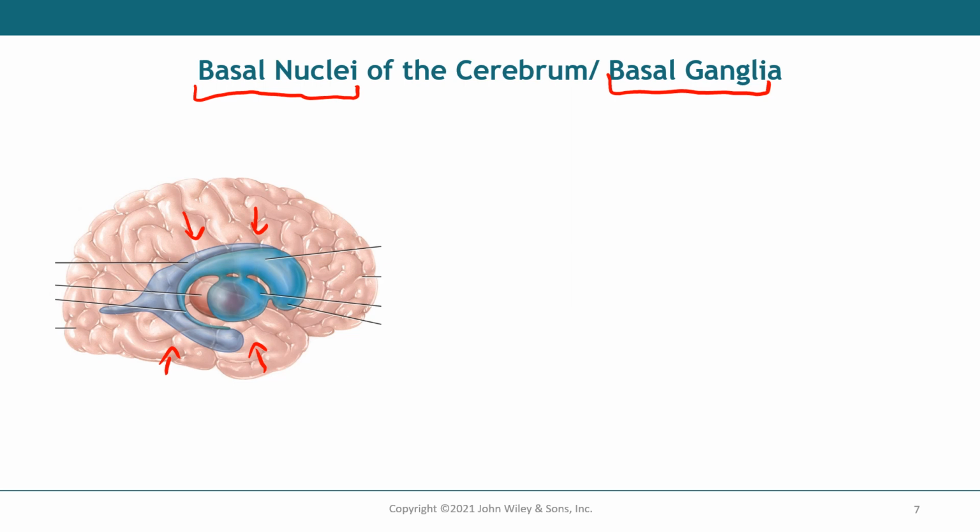So in each one of the hemispheres, you will find this cluster of gray matter that connects the cerebral cortex, thalamus, hypothalamus, midbrain, etc. So all of them will have this basal nuclei. And the primary function here, so let's write the function of this, will include motor control.